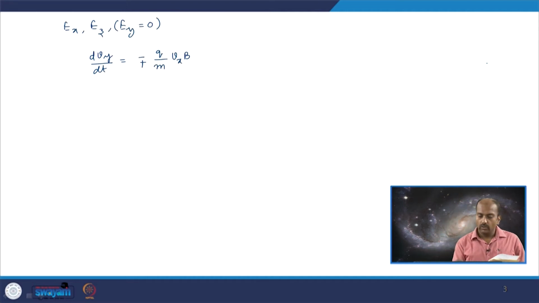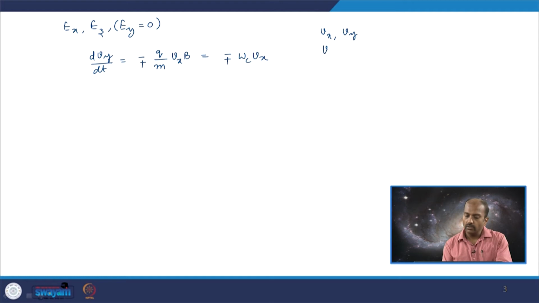This we will rewrite as minus plus omega c Vx. A very important thing to notice is that the acceleration equation of Vx has the Vy term appearing, and Vy dot has Vx. So these are coupled equations that we have got.